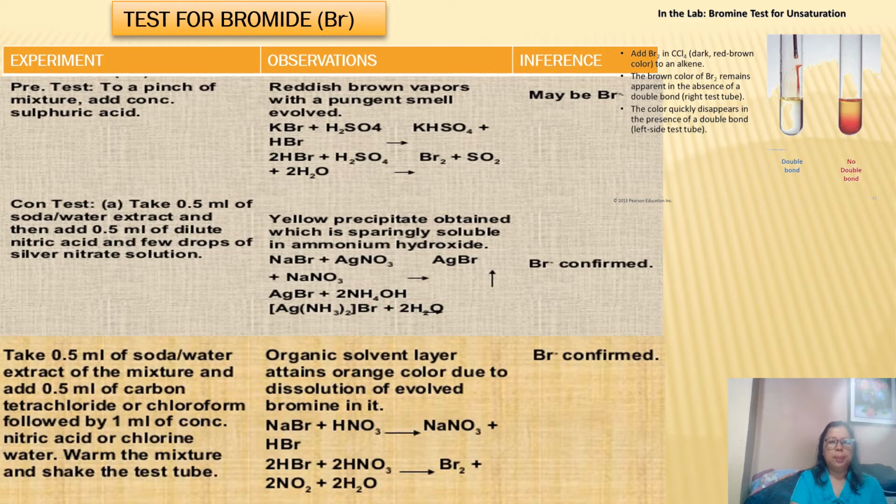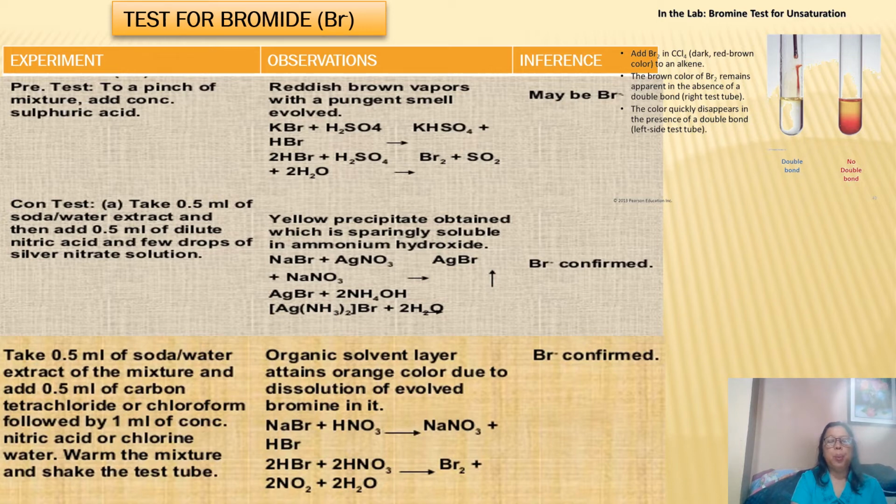Then, in some cases, bromine is also used in the determination of whether the substance is an alkene or an alkyne. So, if it is an alkane, remember your organic chem, when you have done this, a yellow color is produced.